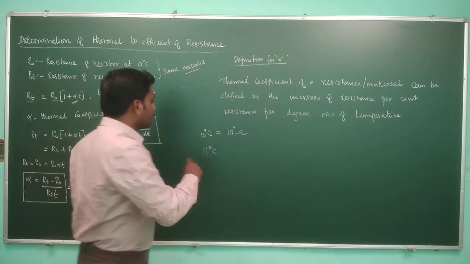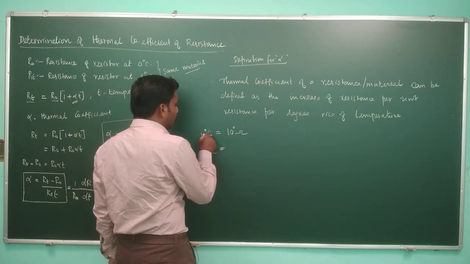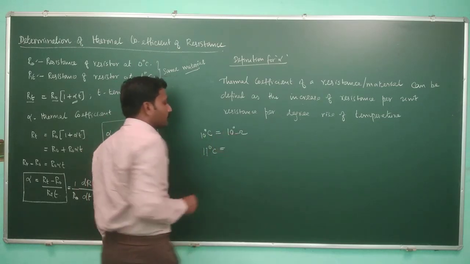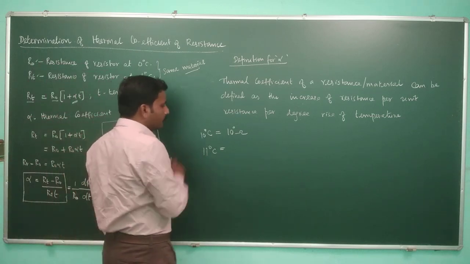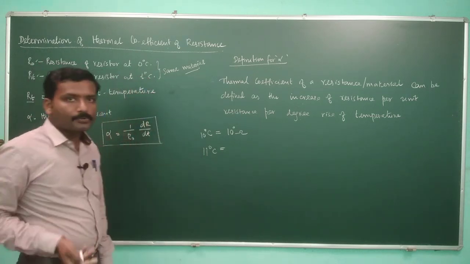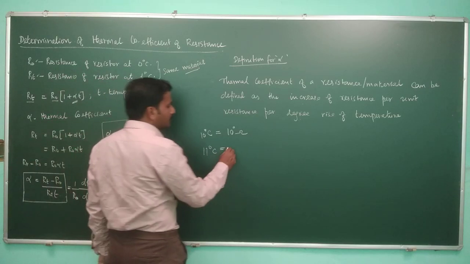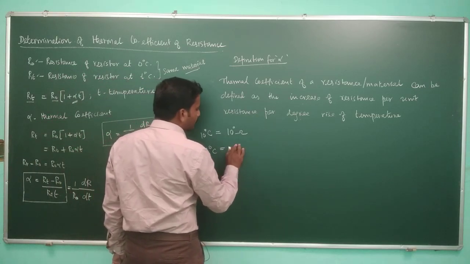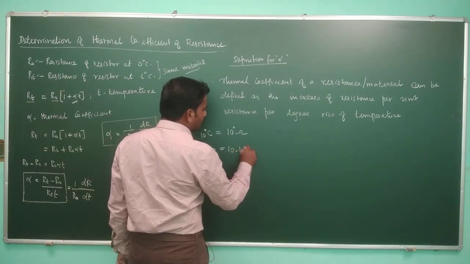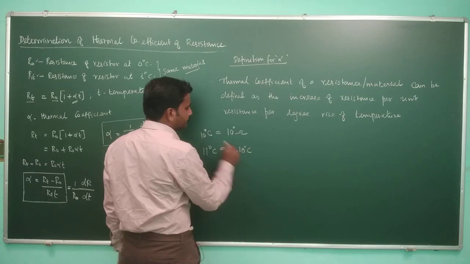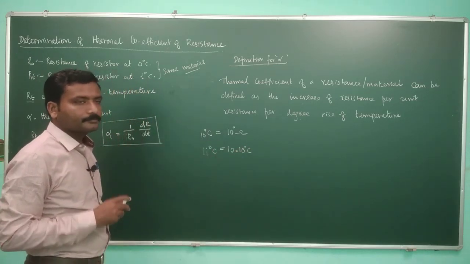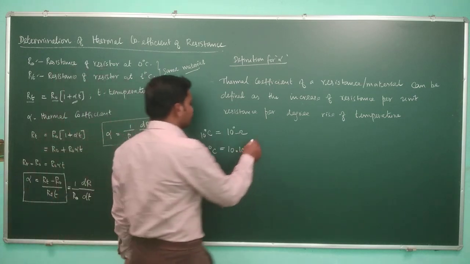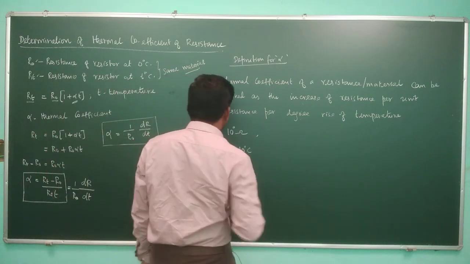Suppose at 10 degree Celsius the resistance of a given material is 10 ohms. For the increase of 1 degree Celsius, assume that this becomes 10.10 ohms.